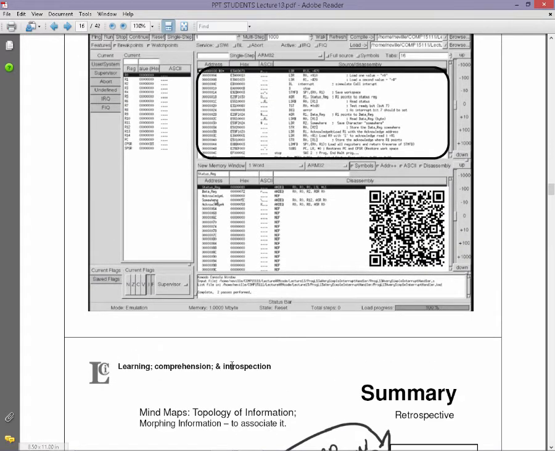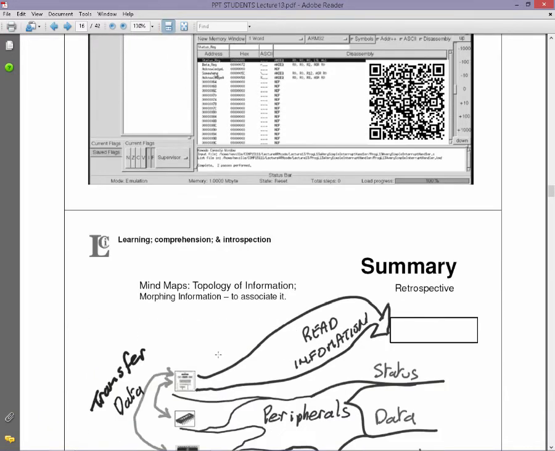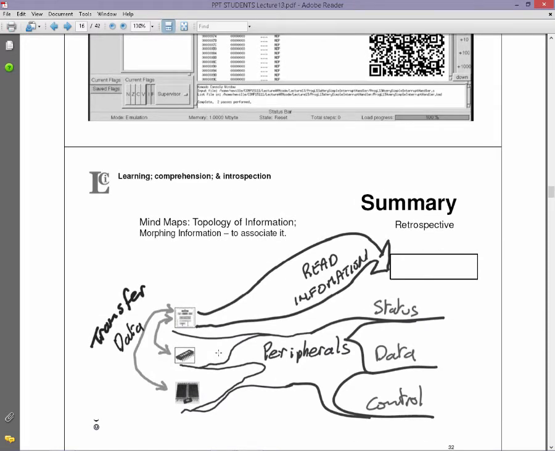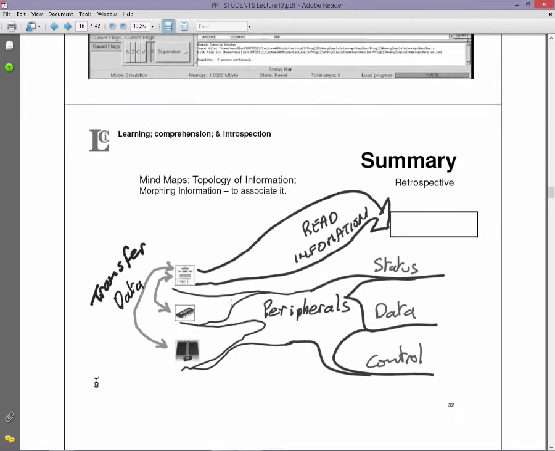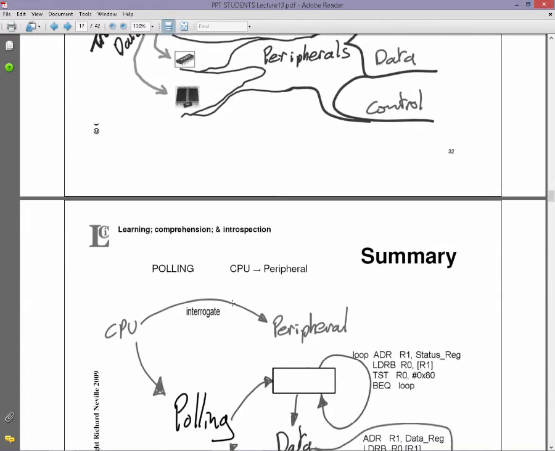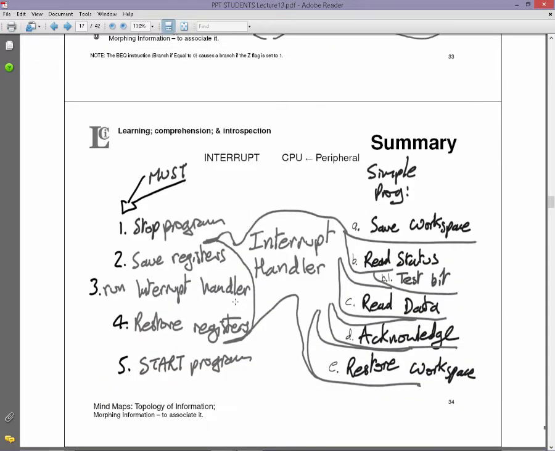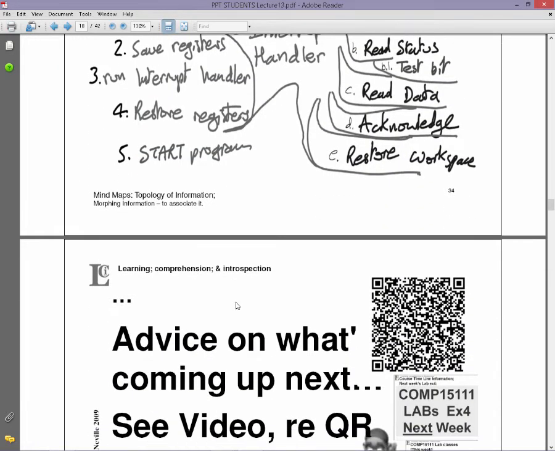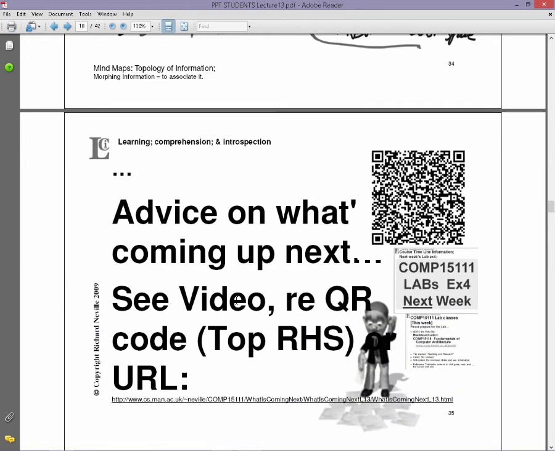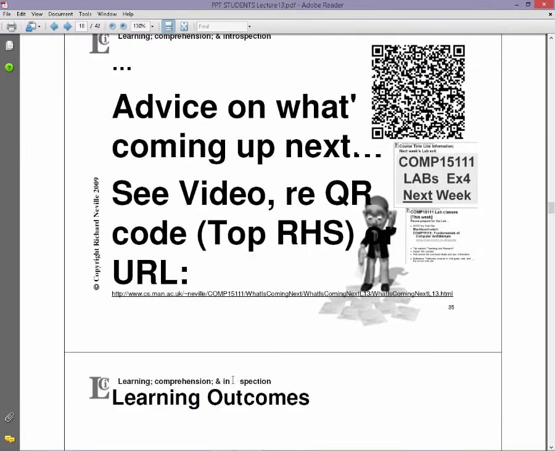Now we've ended the core lecture material, we're into a summary, we're into a retrospective, and we're looking at mind maps that link and associate the information we've talked about today in the lecture. And you'll see that the lecture finishes explicitly when the summaries finish. Now there is extra advice on these videos, so it can show you where to go to get extra information.